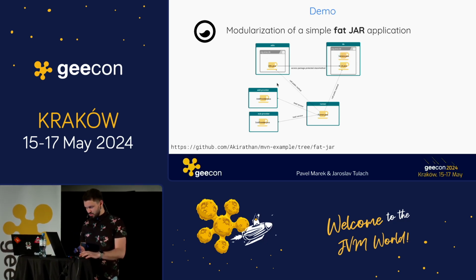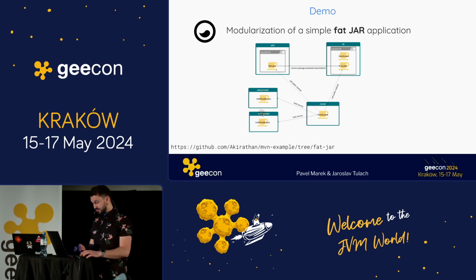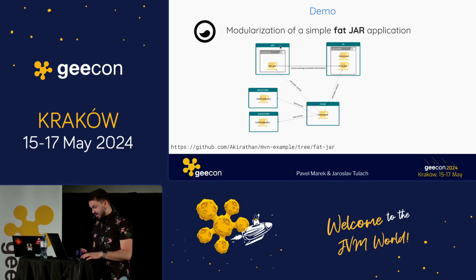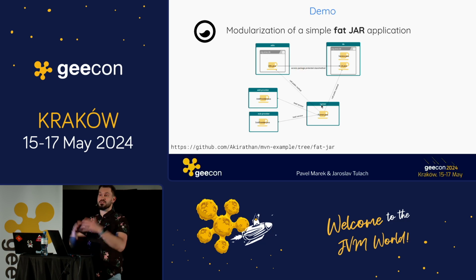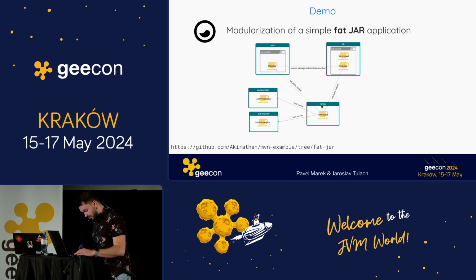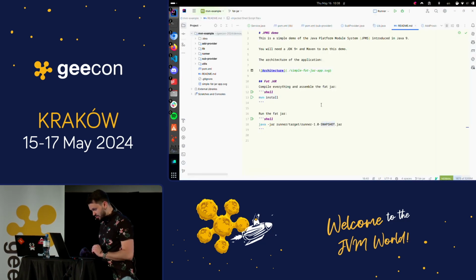We will have 2 service providers, the add provider and the sub provider. And then a utils module that will have the same package as the lib module, and a class that accesses some package-protected stuff from lib. And then there is a runner that just uses everything. Let's see the code now.